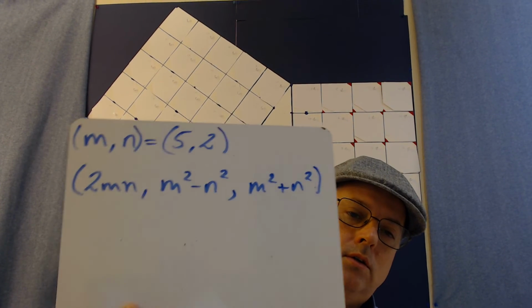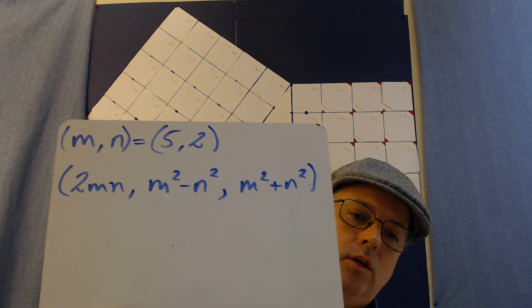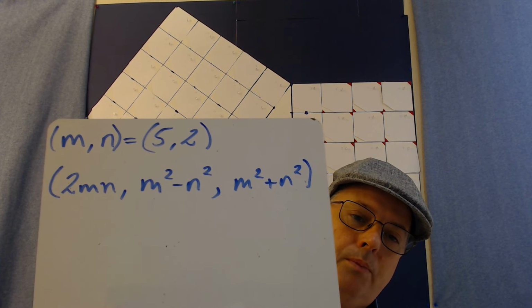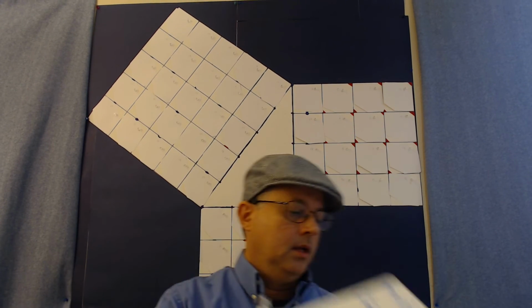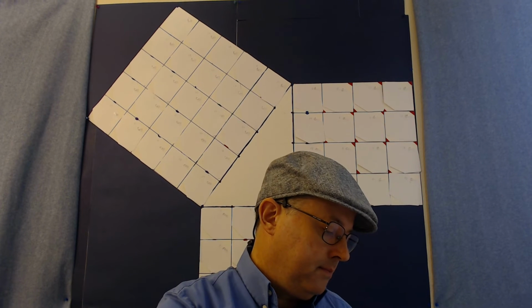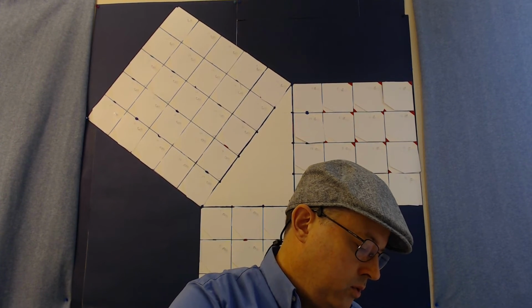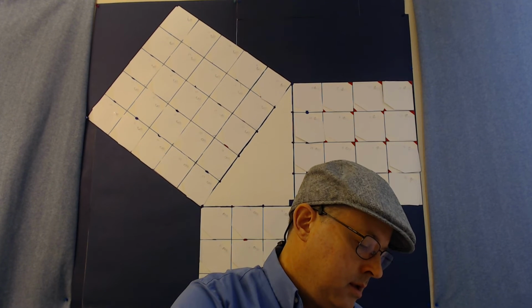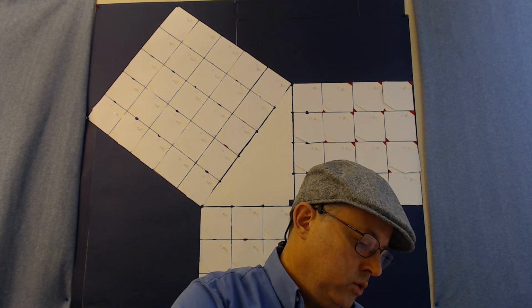Okay, and so there is our formula that generates a Pythagorean triple. And let's go through that. So if we take 2mn, and so we say 2 times 5 times 2, that's 10 times 2 is 20.